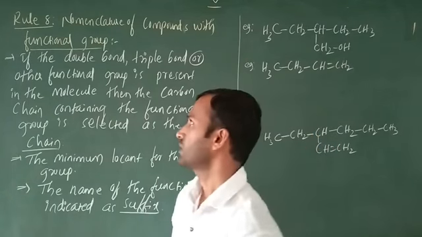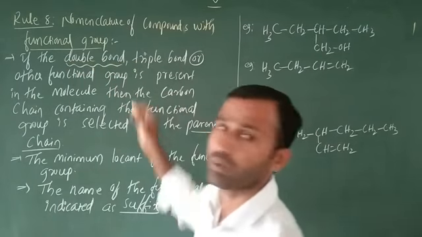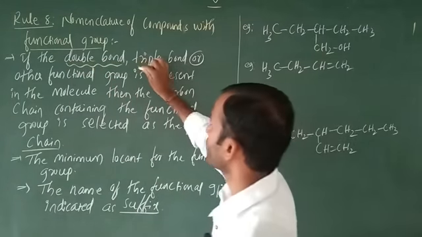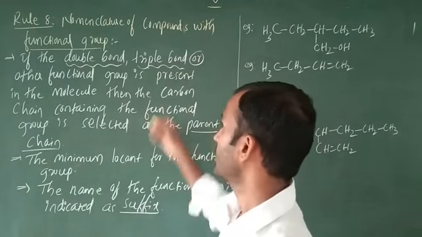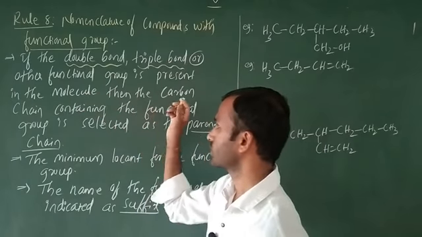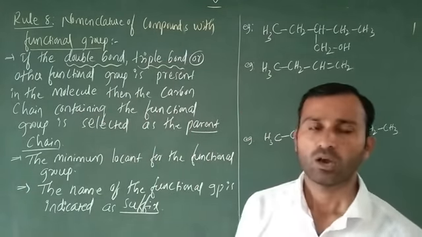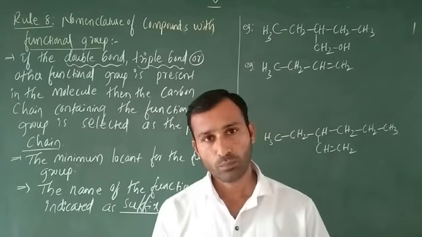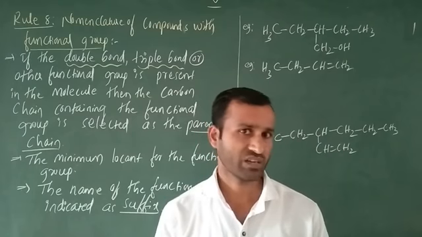Okay, last one. If the compound contains a double bond, or a triple bond, or other functional groups present in the molecule, then the carbon chain containing the functional group is selected as the parent chain. If the functional groups are attached, that chain acts as the parent chain.